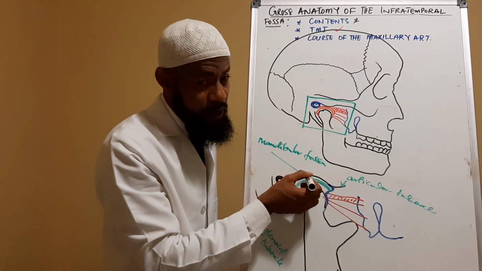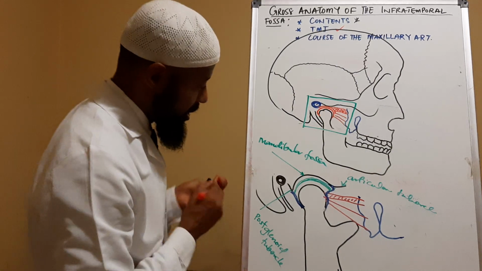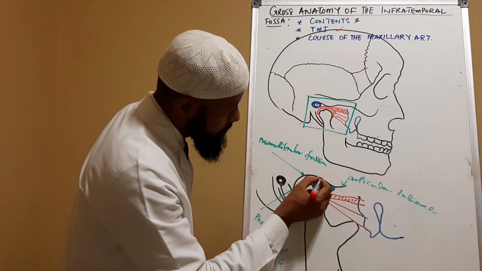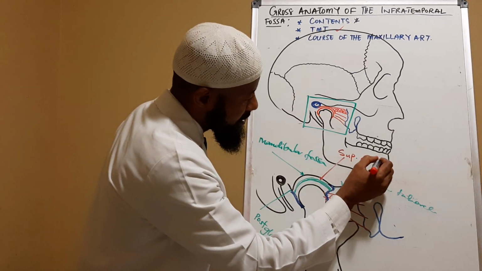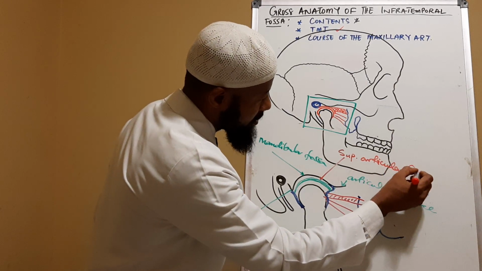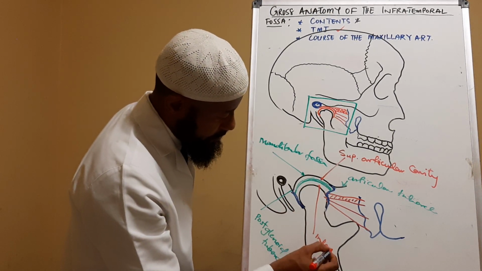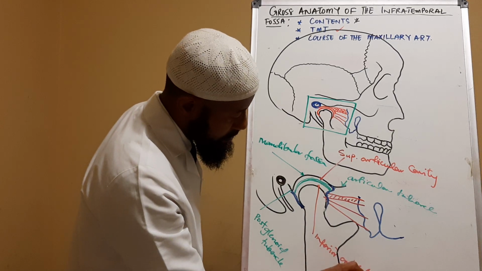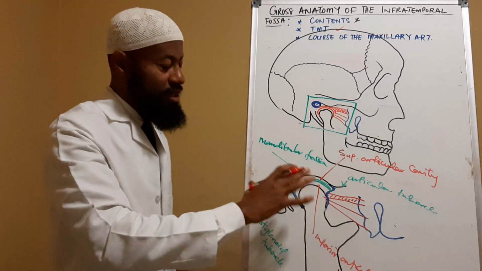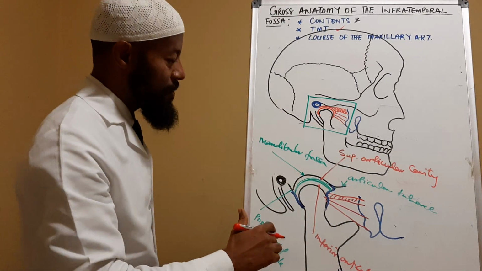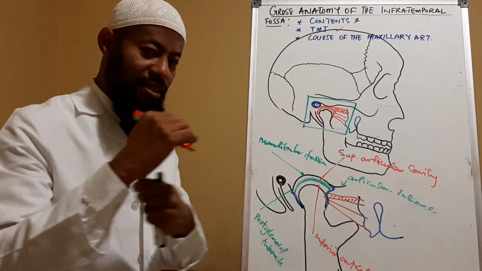So we have a superior articular cavity, which is the space above, and an inferior articular cavity, which is the space below. The synovial membrane is there, and the synovial fluid is produced to allow frictionless movement.